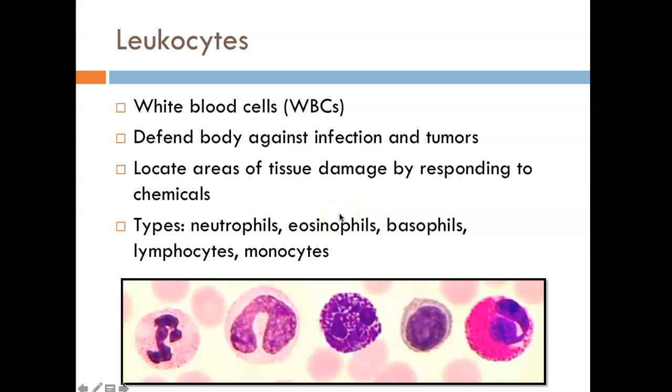Eosinophils are going to help fight any type of infection. But when I think of eosinophils, I think more of the white blood cell that responds to parasites, like protozoa parasites. Basophils are going to be responsible for releasing inflammatory chemicals like histamine.